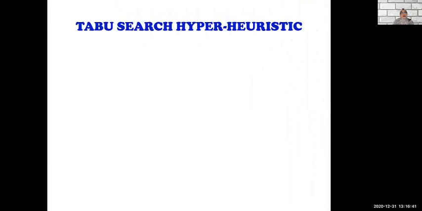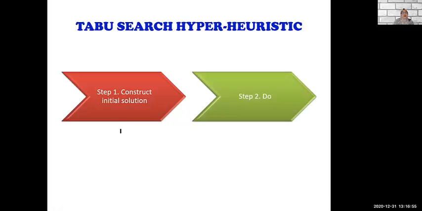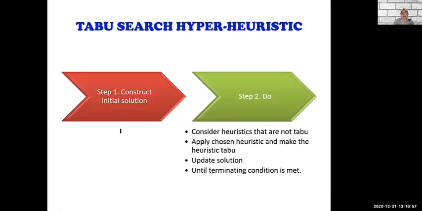Okay, let's proceed with the example of TABU search hyper-heuristic. First, construct the initial solution. In order to proceed, we must have an initial solution. In step 2, consider heuristics that are not taboo.